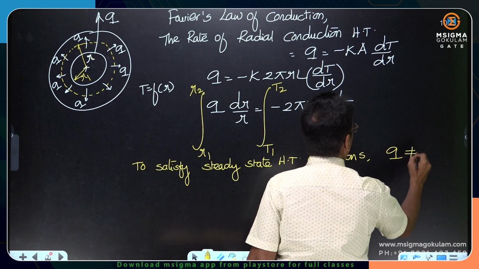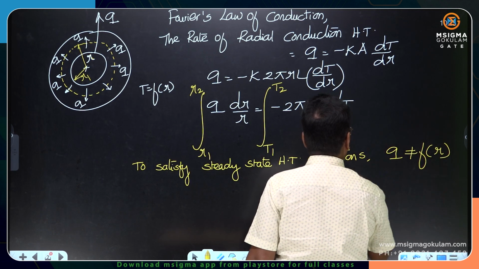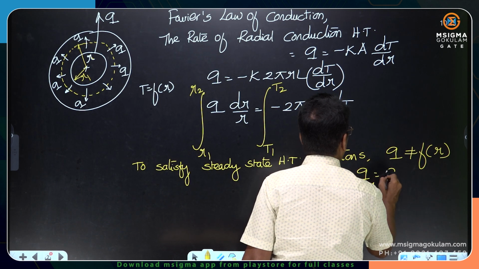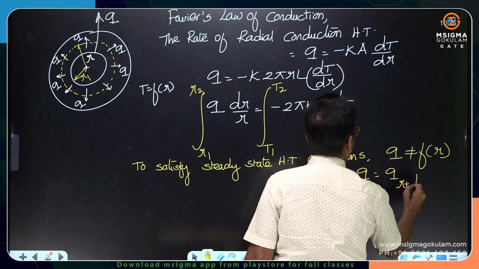Q should not be a function of R, that is, Qr should be equal to Qr plus dr.